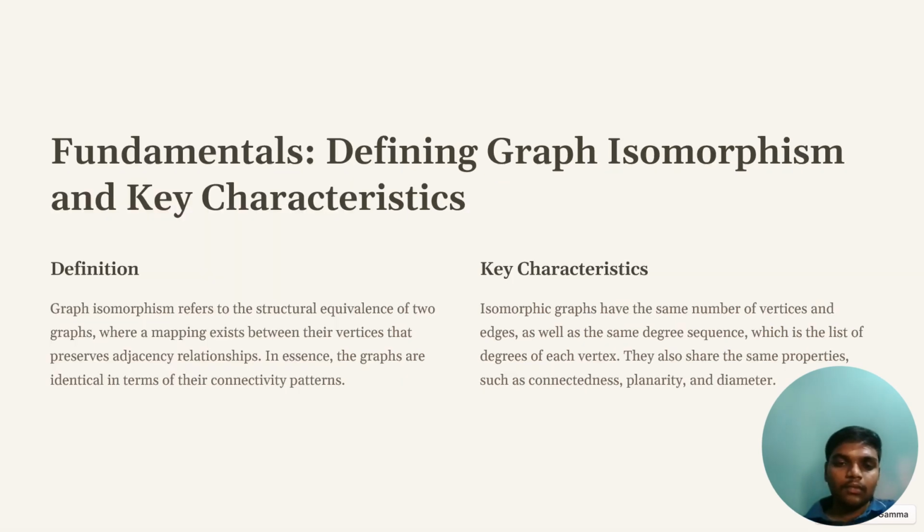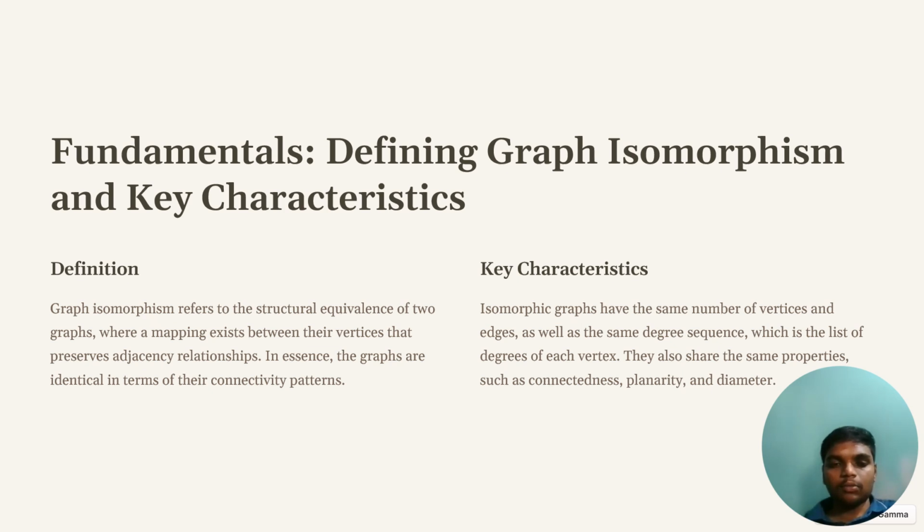Graph isomorphism is a concept in mathematics and computer science that plays a critical role in understanding the structural identity between two graphs.